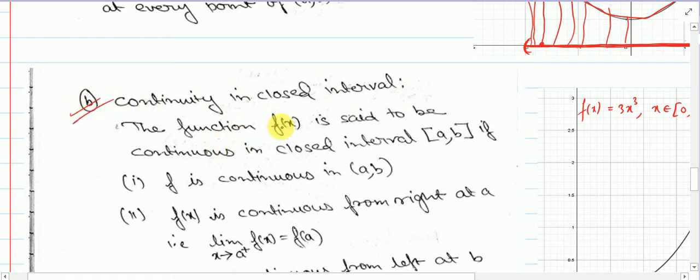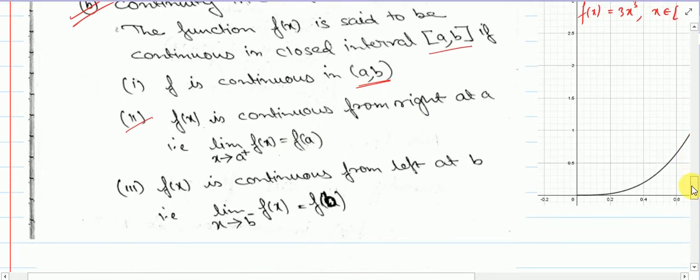So the function f(x) is said to be continuous in the closed interval [a, b] if the function is continuous in the open interval (a, b) firstly, and secondly the function f(x) is continuous from the right at a, and the function should be continuous from the left-hand side at b.